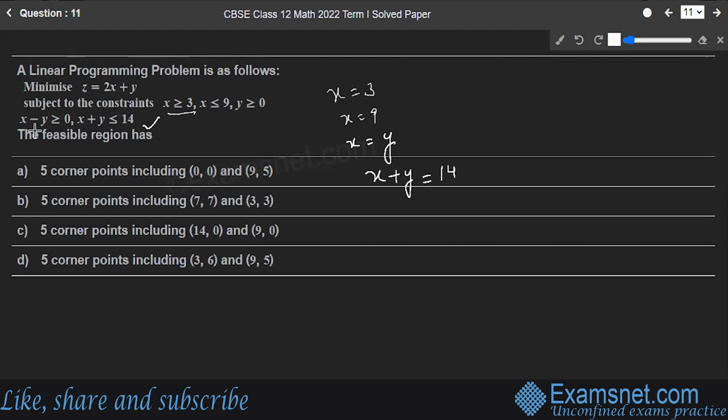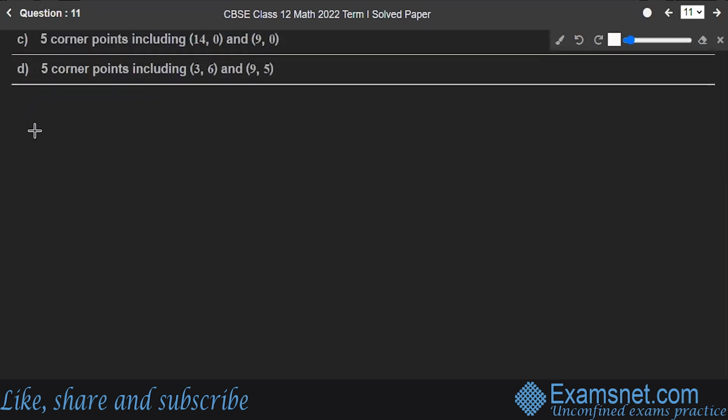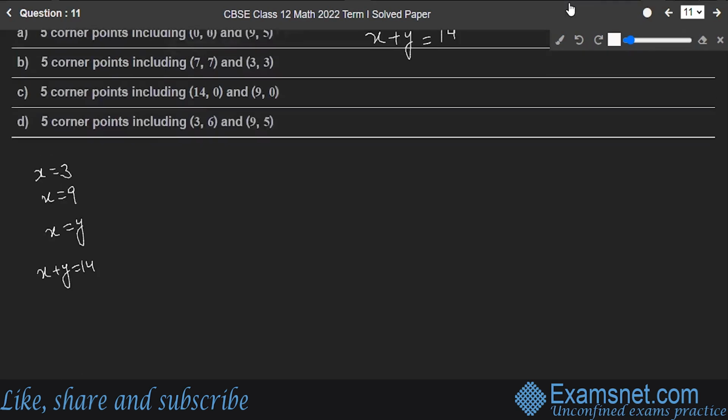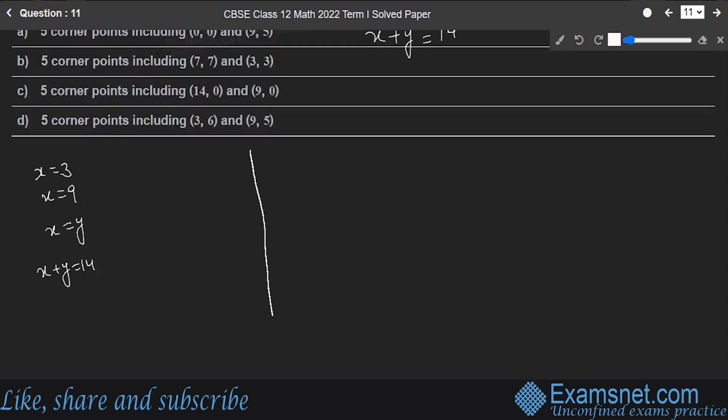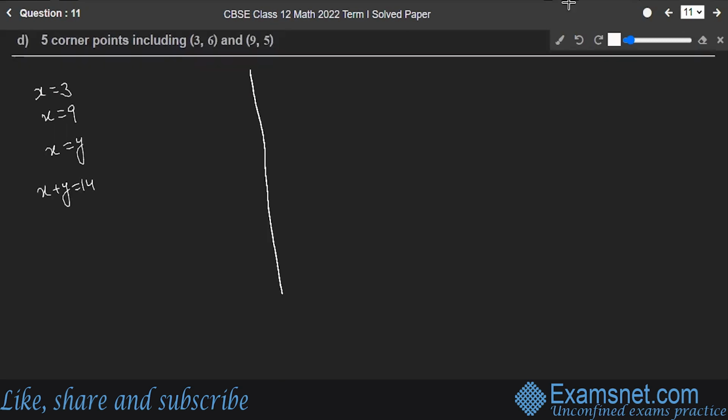Now, let's make the graph for this. I'll rewrite the 4 equations. You have x is equal to 3, x is equal to 9, y is equal to x, and x plus y is equal to 14. Okay. So here is the coordinate axis. And x is equal to 3 will be roughly somewhere here.